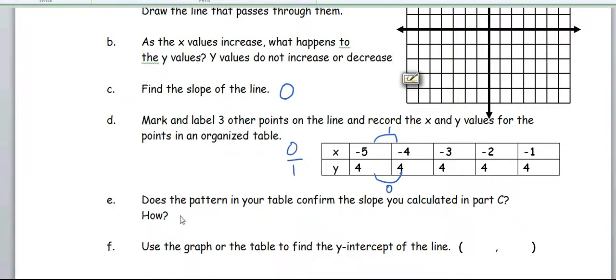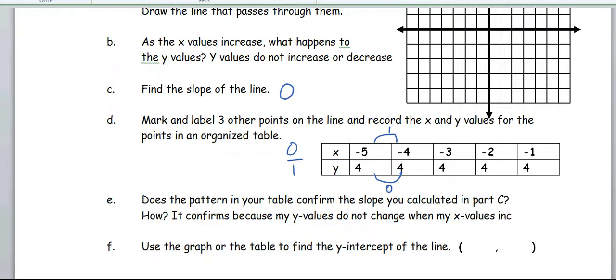So my answer here would be that the pattern in the table confirms it, because my y values do not change when my x values increase.